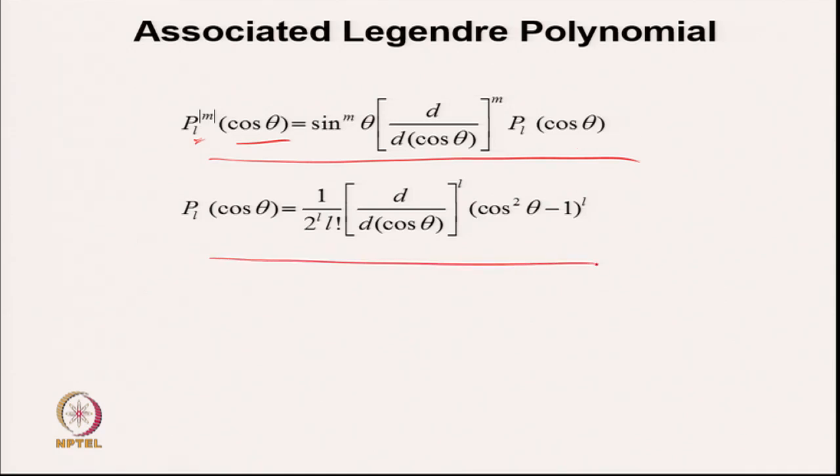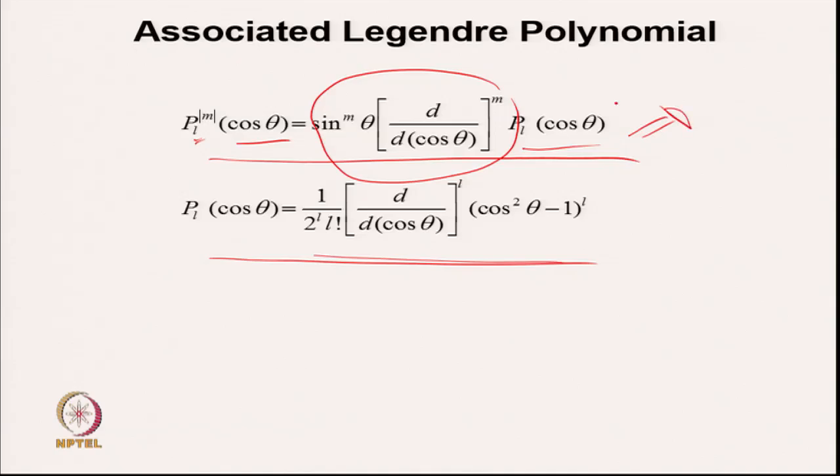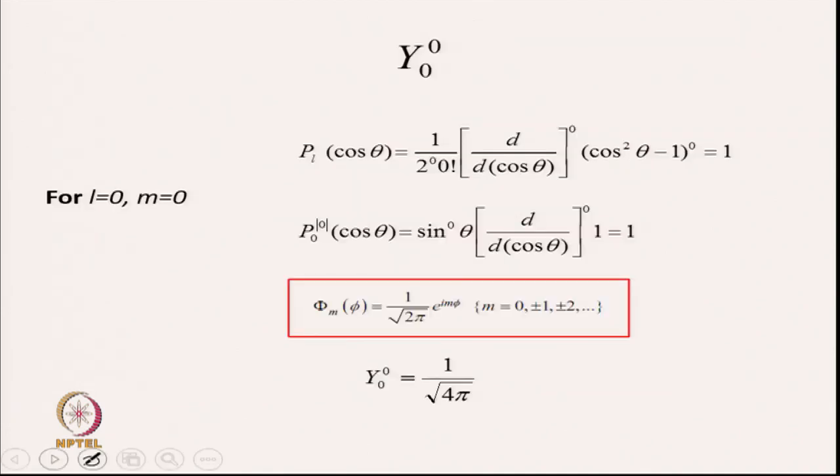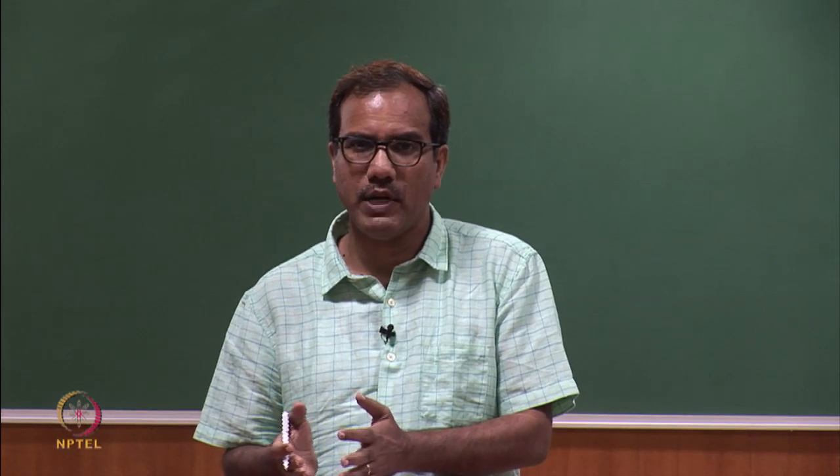If m is equal to 0, this turns out to be 1, and you have simply P_l cos theta, which is given by this equation. So, all the polynomial solutions can be expressed in terms of this differential. So, now we know the solution of the theta part and the solution of the phi part.